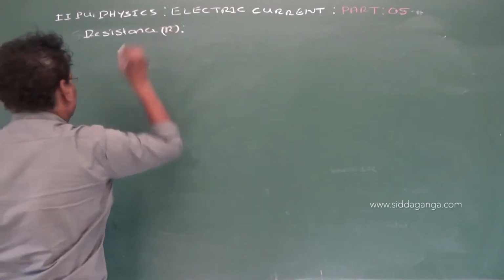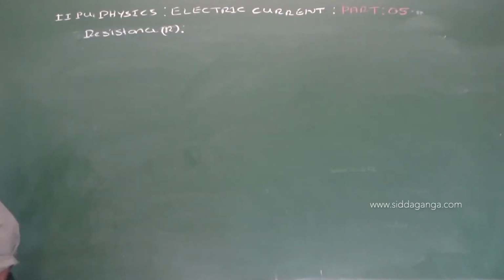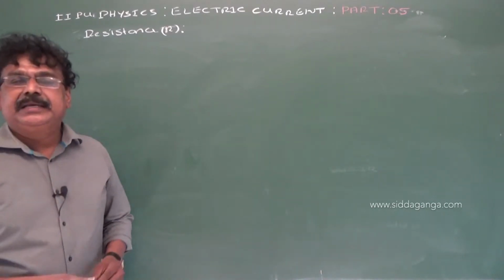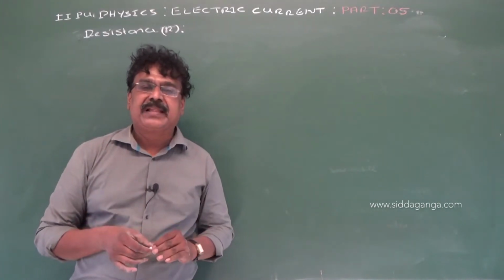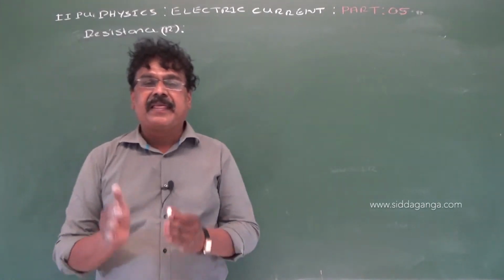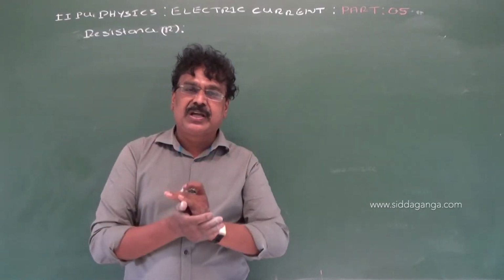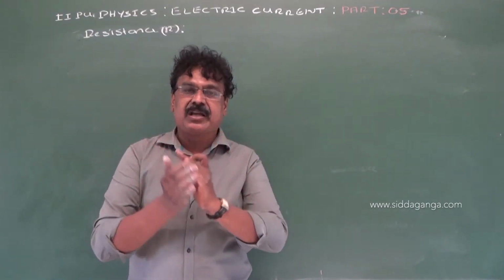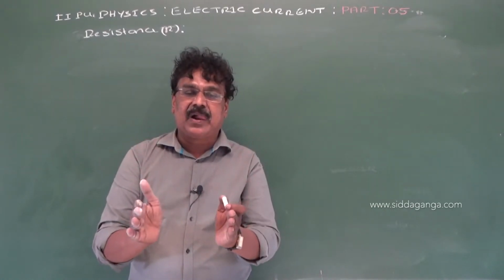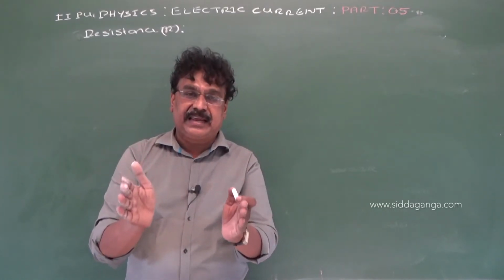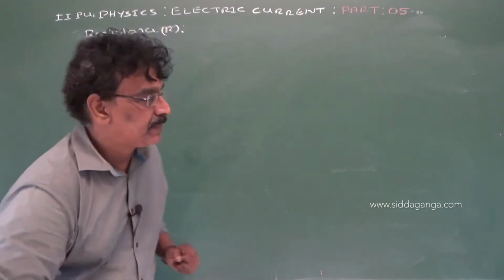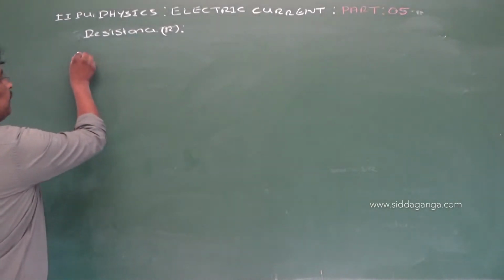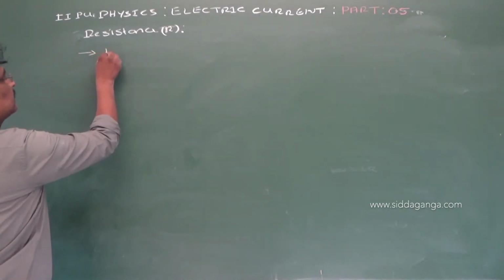Resistance R. Now, electrical resistance or simply resistance of a conductor is the opposition or obstruction offered by the conductor for the flow of electric current or electric charges through it, right? So, the qualitative definition or meaning of resistance, right?